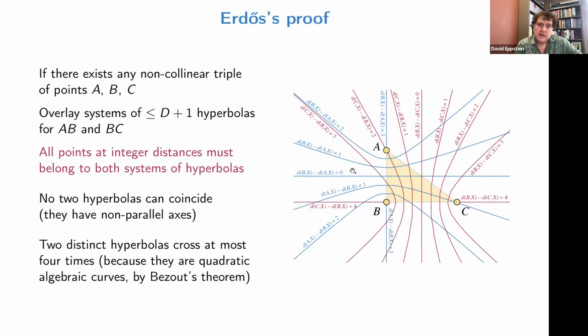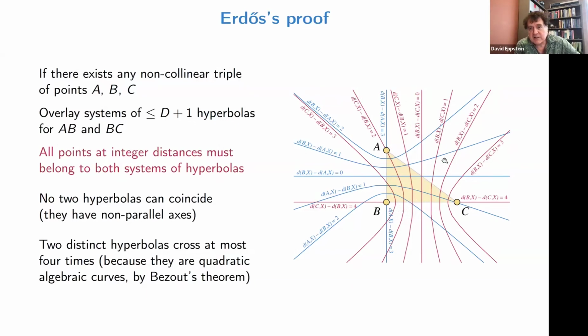And any point that is going to have integer distance to A, integer distance to B, and integer distance to C has to be on the blue system of hyperbolas, and it has to be on the red system of hyperbolas. And it would have to be on a third system of hyperbolas between A and C, but I haven't drawn that one.